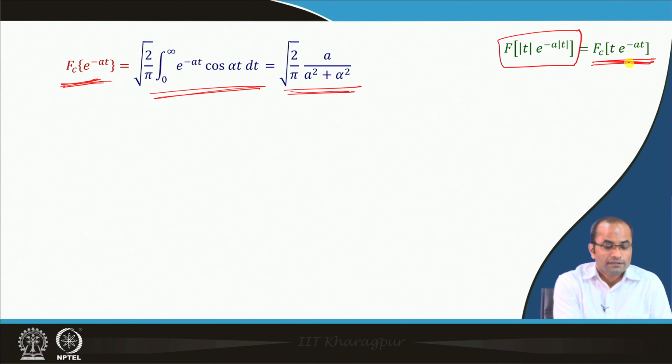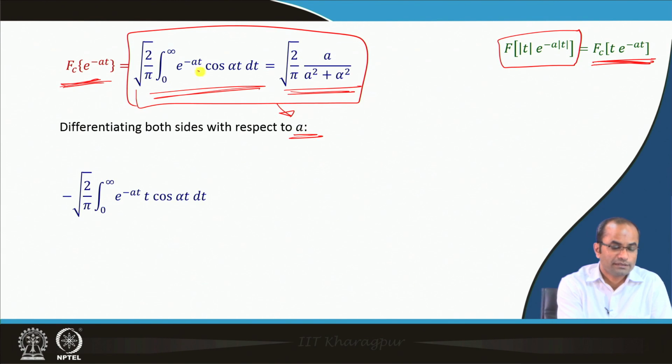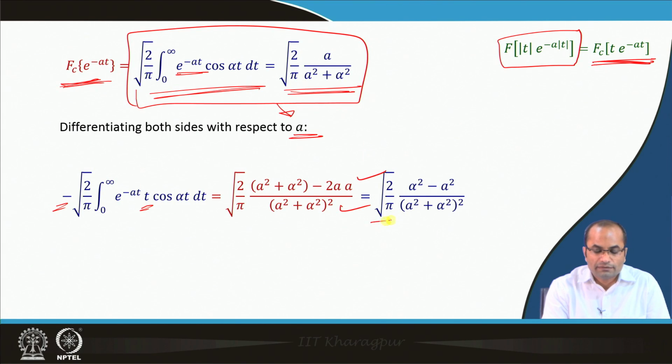From this we will deduce how to get the Fourier cosine transform of t e power minus a t. If we differentiate this relation on both sides with respect to a, then what will happen? Here e power minus a t, and then a t factor with minus sign will come extra, and on the right hand side again we can differentiate. The quotient rule will be applicable, which gives us alpha square minus a square over a square plus alpha square whole square.